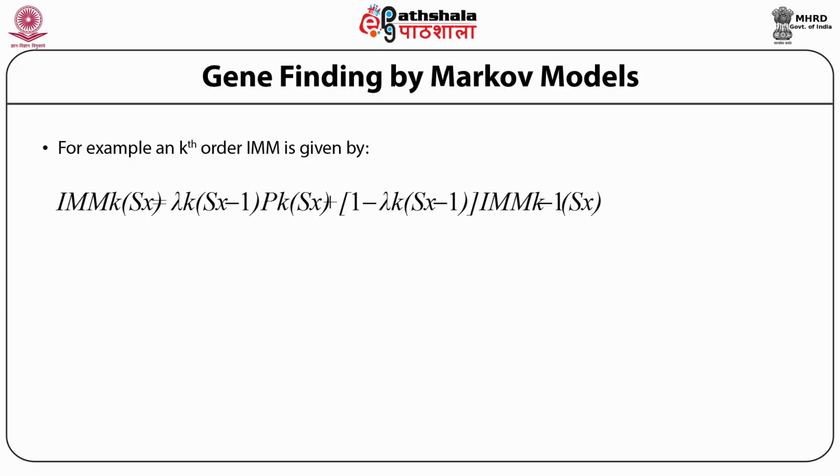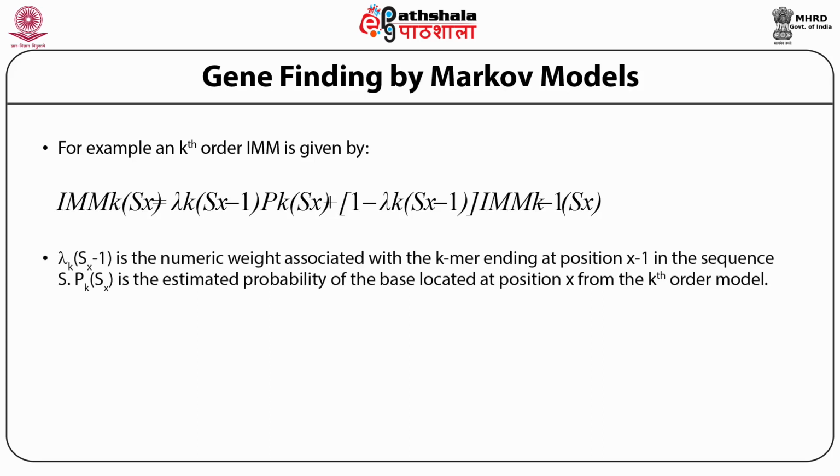If I do not have enough, then I use one order lower, and I can go on recursively in this way, going as many orders below as I have to. But the lambda k is a numeric weight, and this weight also needs to be trained.